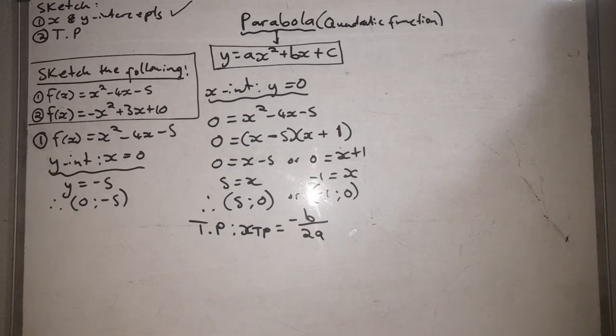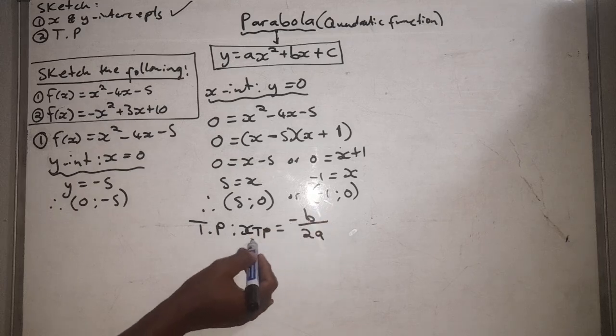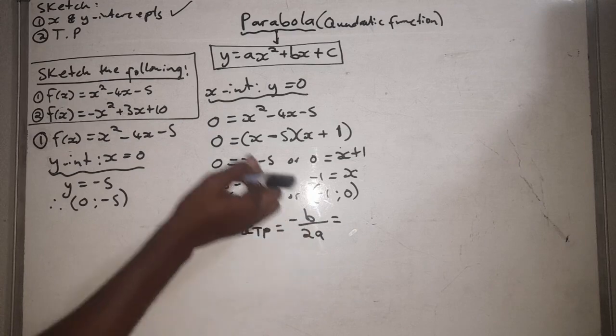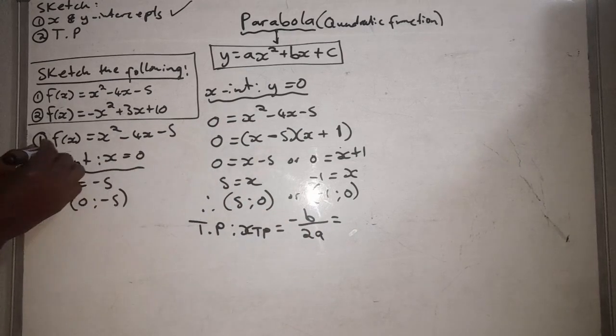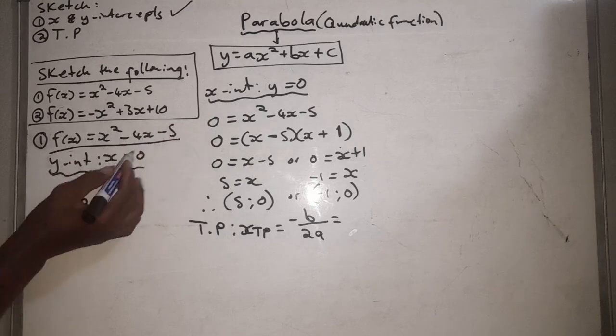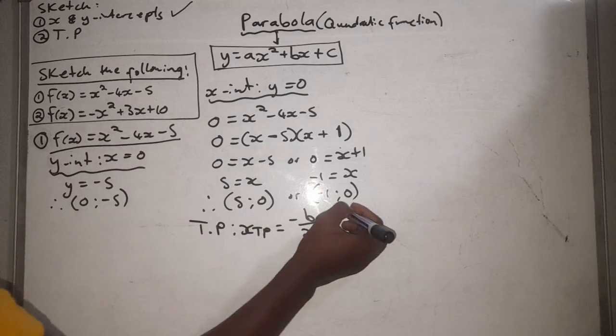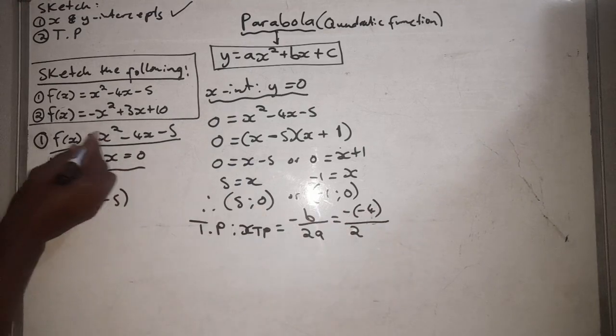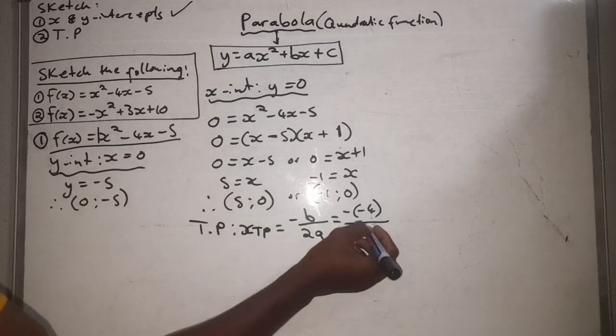Here, you're going to firstly find the x value. Negative b: the value of b from this equation is negative 4, so it's minus into minus 4, all over 2 times the value of a, which is 1.